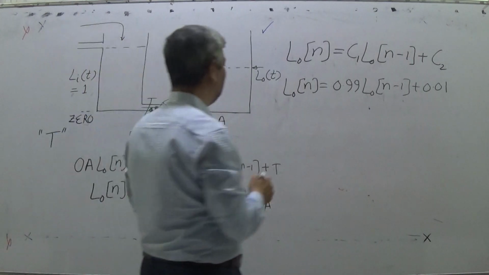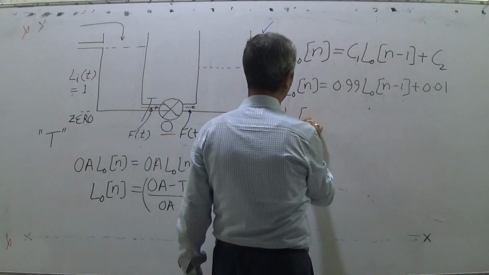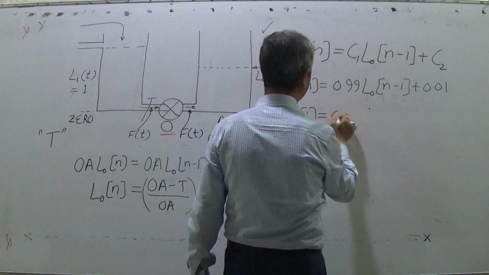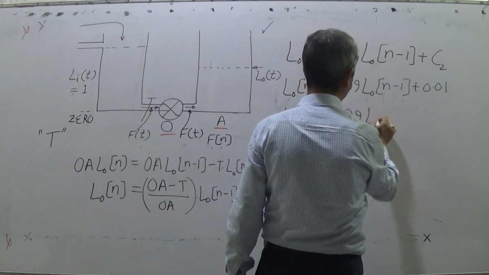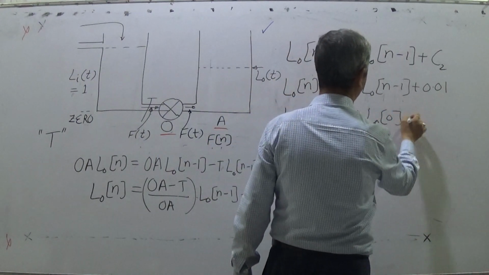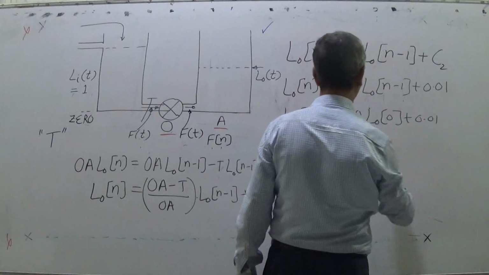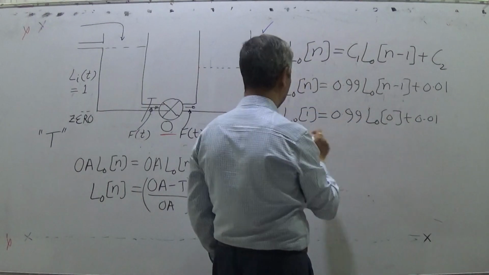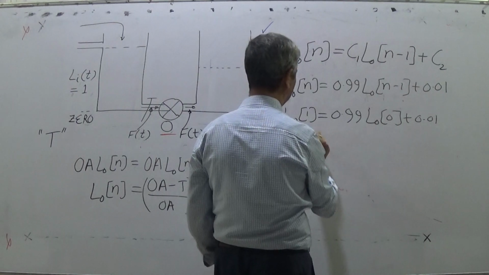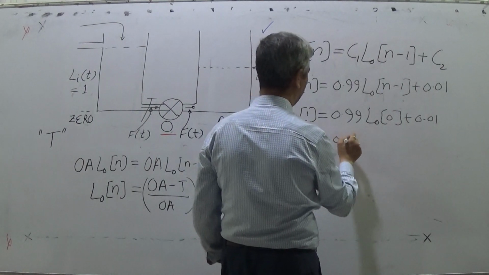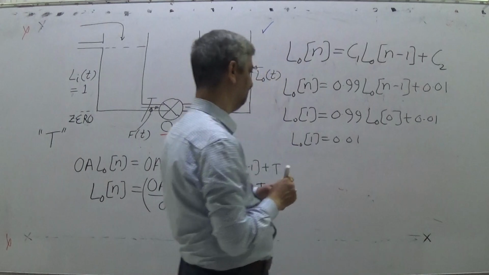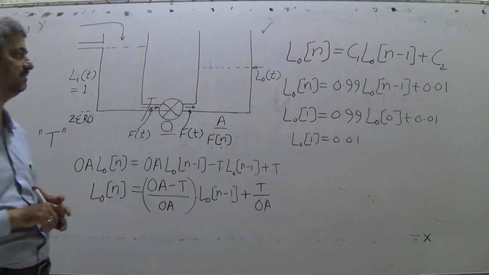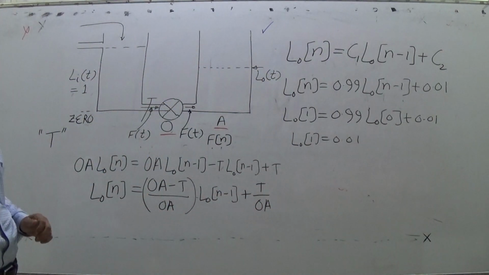So what is LO1? LO1 is 0.99 LO0 plus 0.01. What is LO0? LO0 is 0. So LO1 is equal to 0.01. What is LO2?